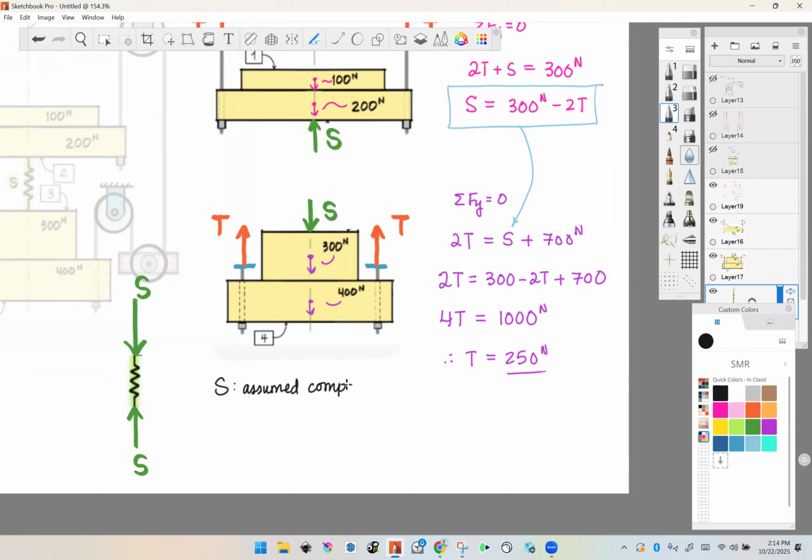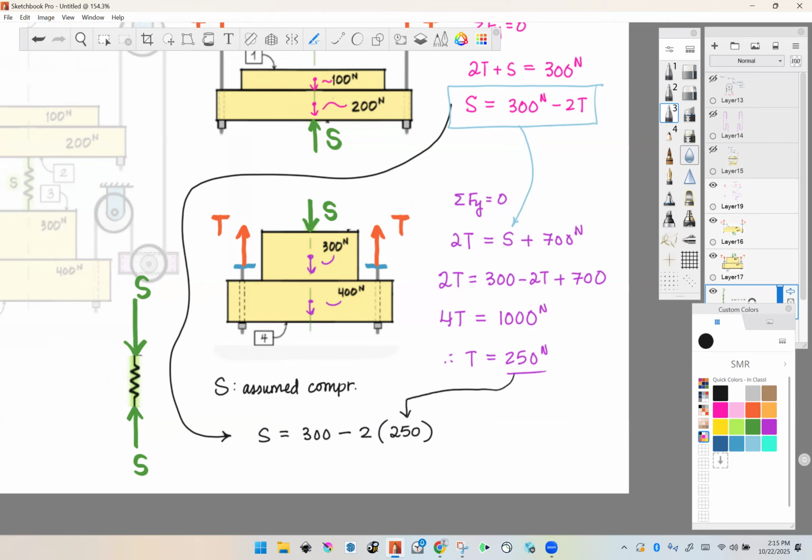Let's go ahead and calculate it, and a positive sign will validate the assumption, a negative sign will reverse that. I'm going to plug into this equation: the spring force is equal to 300 minus twice the tension force, and plug that in right there. 300 minus 500. Therefore, my spring force equals negative 200 newtons.